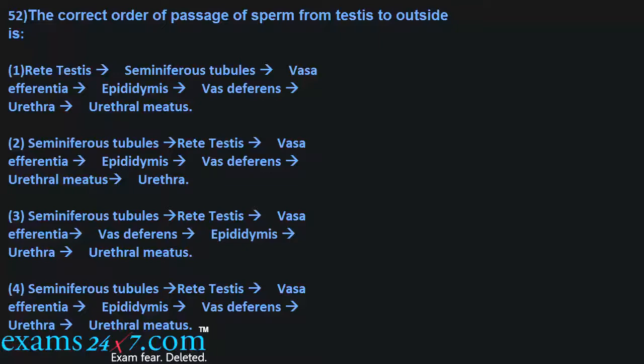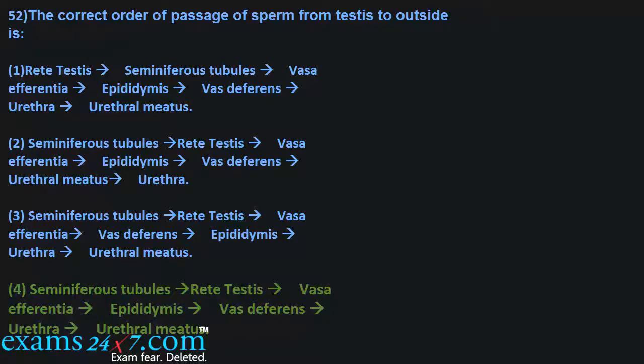So the passage we are talking about, then the answer must be from seminiferous tubules to rete testis to vasa efferentia to epididymis to vas deferens to urethra to urethral meatus. So option 4 is the answer.